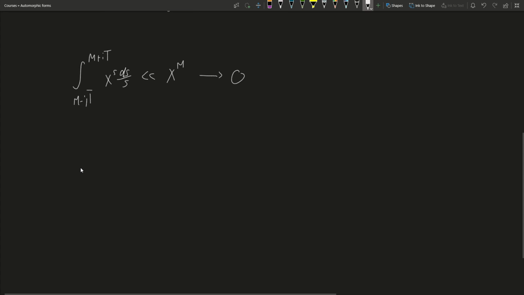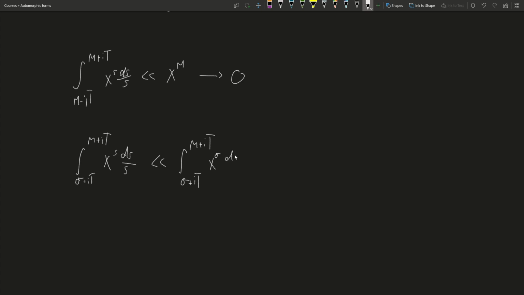Okay, so what about the integral along, say, C2? C3 will be similar. This is sigma plus it to m plus it. Again we can use the triangle inequality, and say this is less than the integral from sigma plus it to m plus it of x to the sigma ds over the modulus of s.